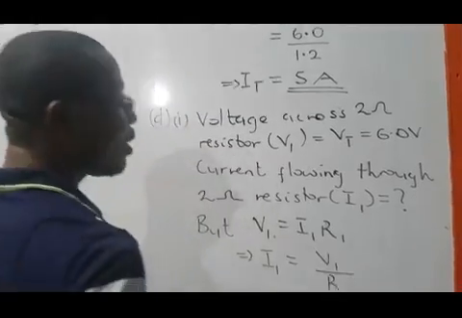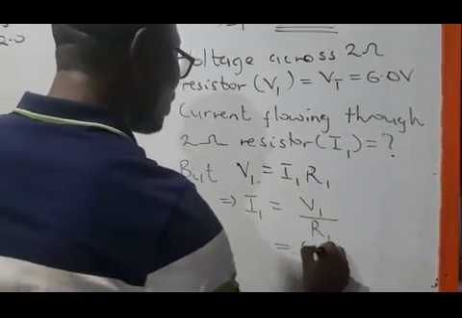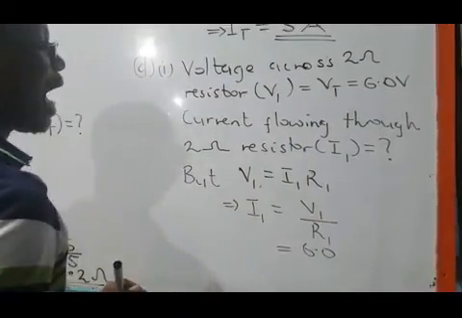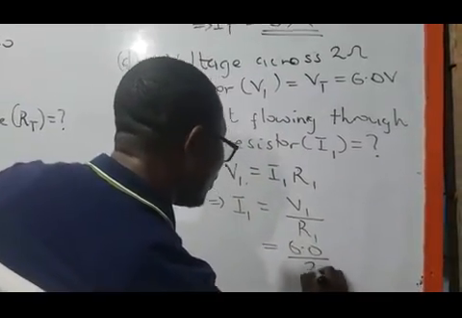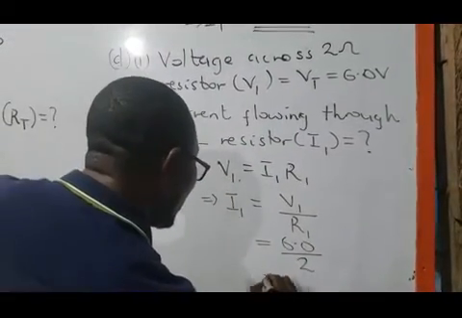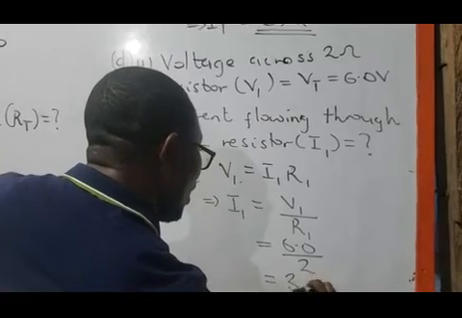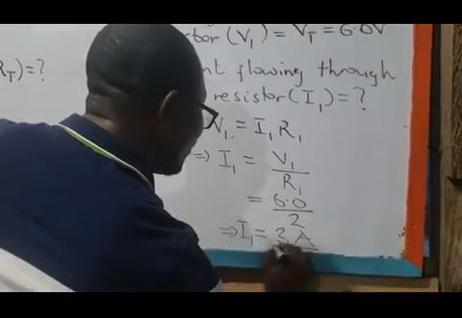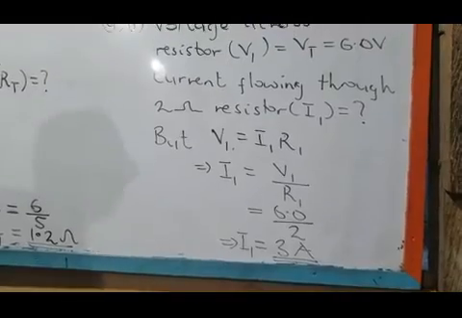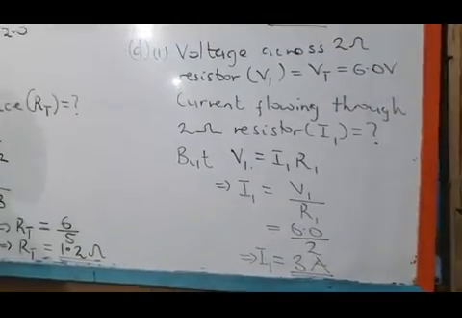We said V1 is the total voltage, which is 6 volts, and R1 is 2 ohms. So 6 divided by 2 gives 3 amperes. So your I1 is equal to 3 amperes. That's the current flowing through the 2 ohm resistor.